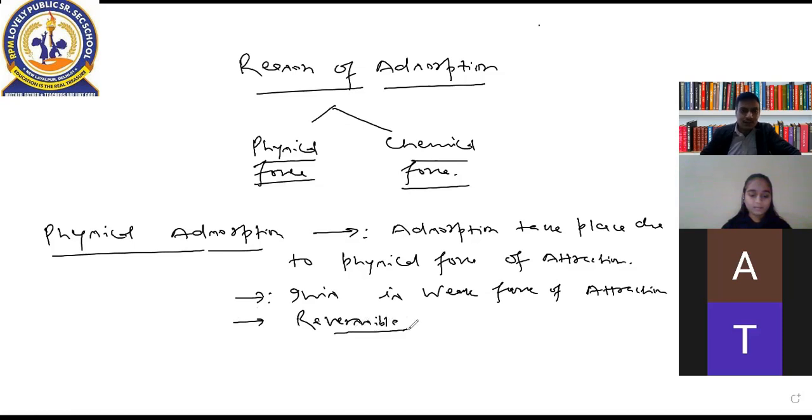That means whenever the force of attraction is acquired by the adsorbate and adsorbent, it can get detached also at the same time. That's why this process is reversible. And when the force of attraction is weak, if you consider the enthalpy change during this process, the enthalpy change for physisorption is lesser, because enthalpy change depends on the strength of the force of attraction. The enthalpy change of physisorption is lesser.